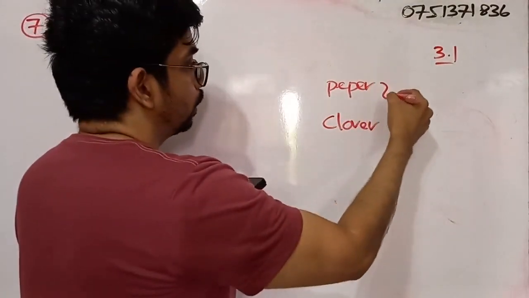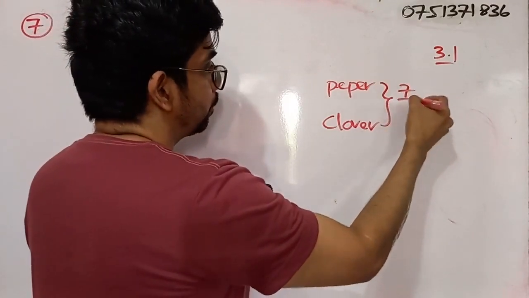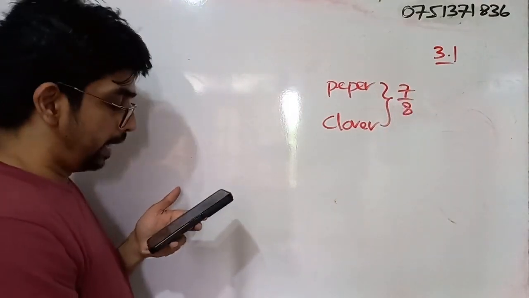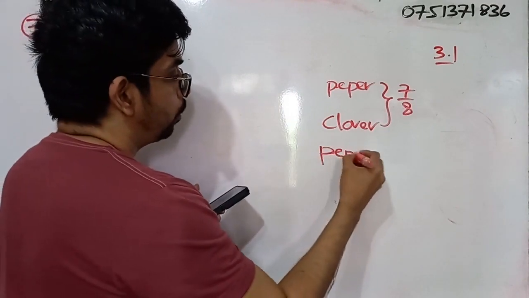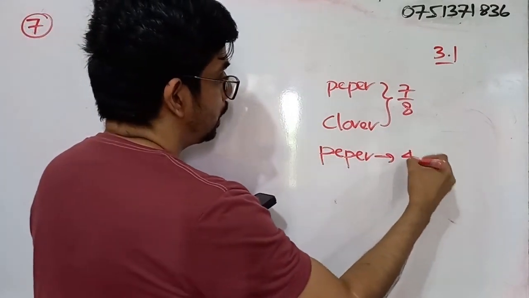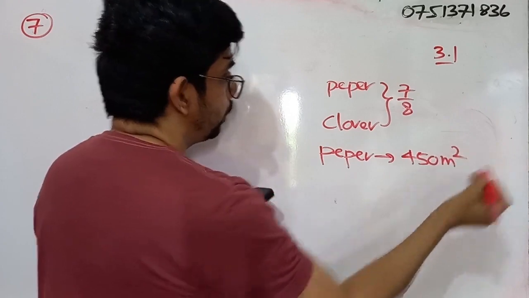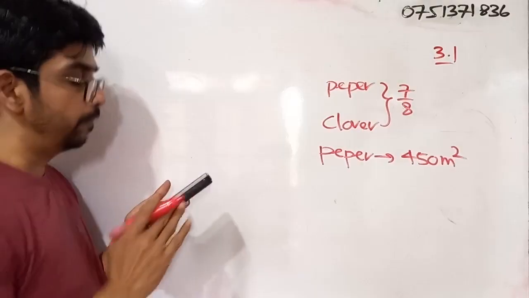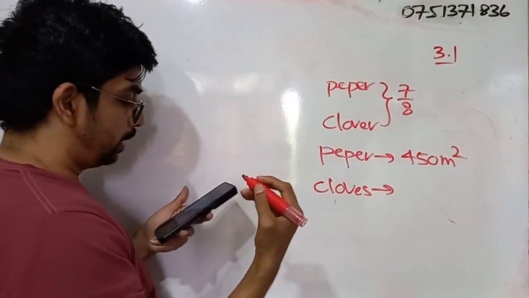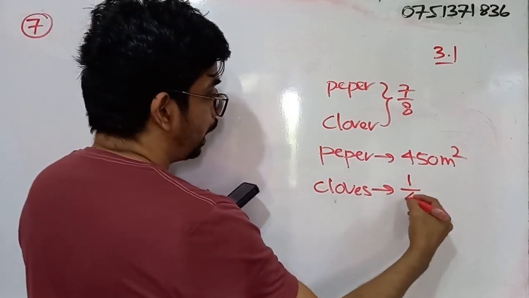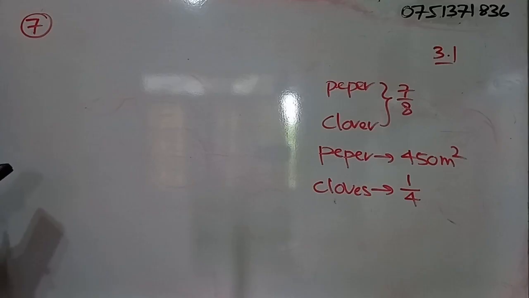Right? So the total amount of land as a fraction is what? 7/8. And when we talk about black pepper, this has been cultivated on 450 square meters of land. Cloves has been cultivated in 1/4 of the land. So in the question, what are they asking? The fraction of land on which black pepper has been cultivated.